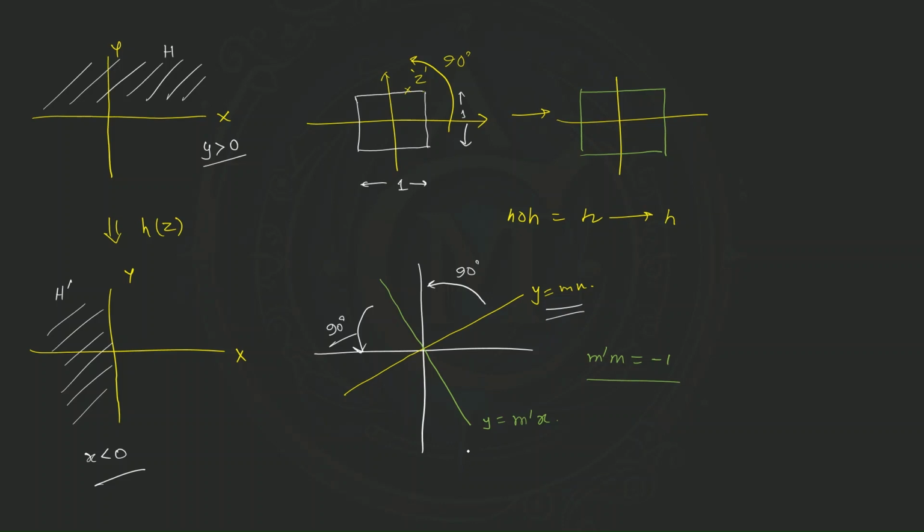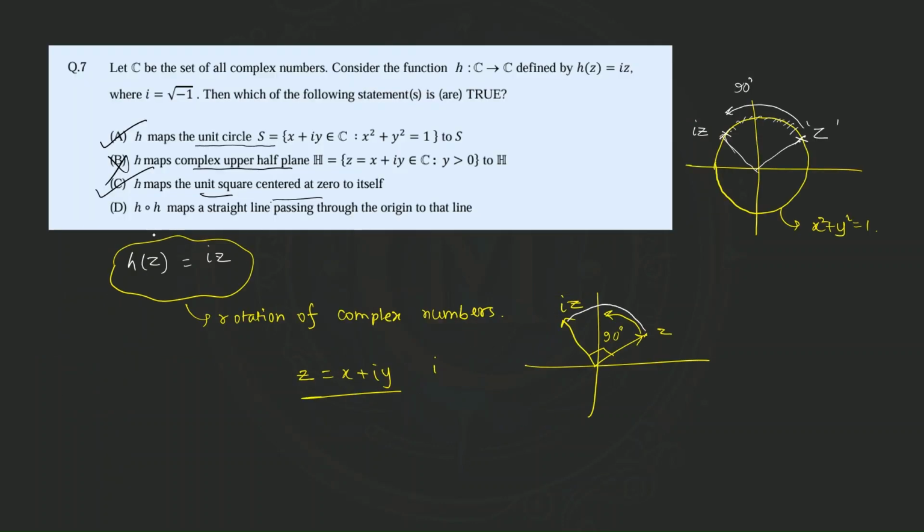That means h of h maps a straight line passing through the origin to that line. So option D will also be true.